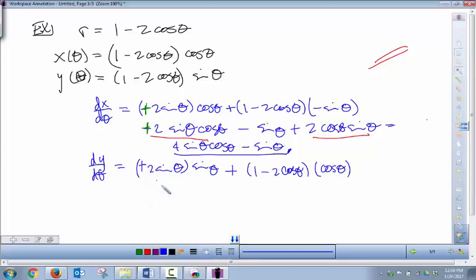And now let's multiply everything out. 2 sine squared theta plus cosine theta minus 2 cosine squared theta. Okay.